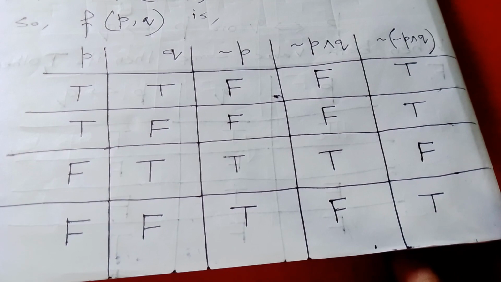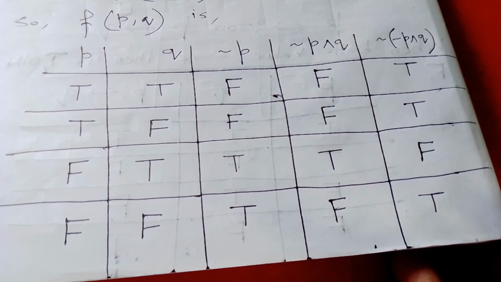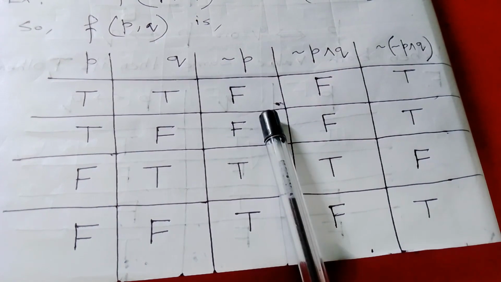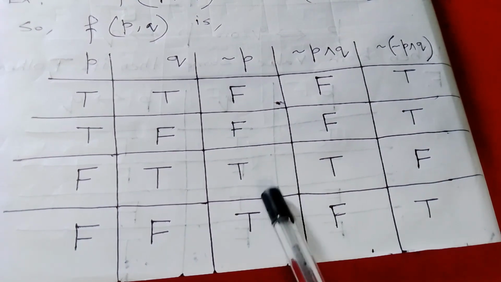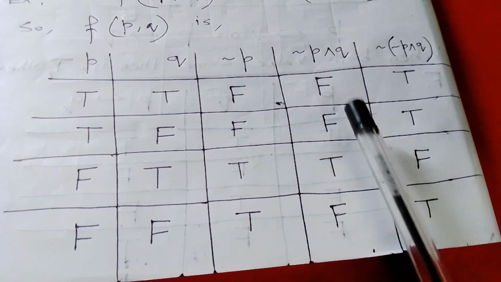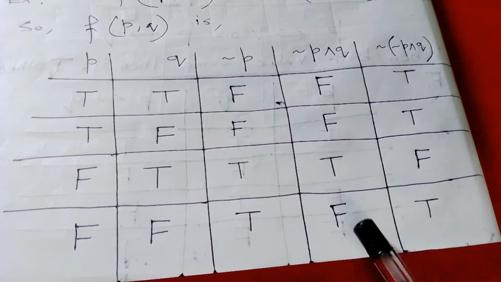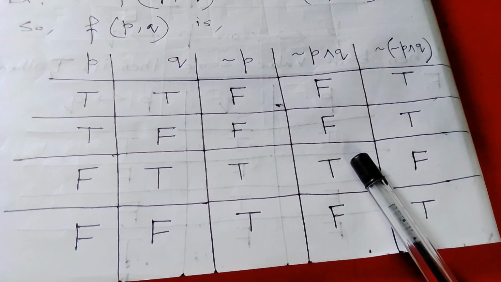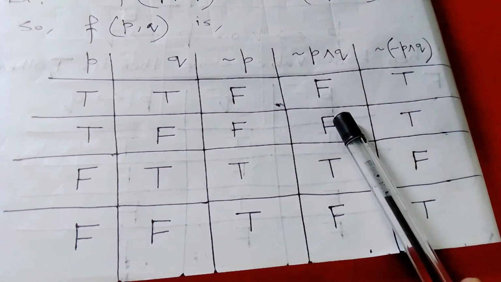So pq is as follows, and negation p is F F T T. So negation p conjunction q is F T F F. It just follows the basic rule of conjunction, and then negation of this one.